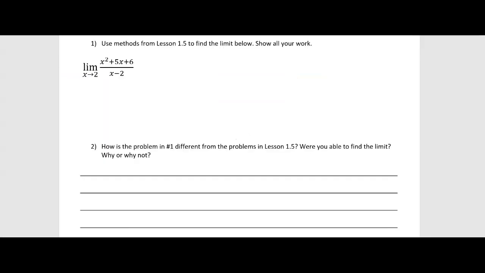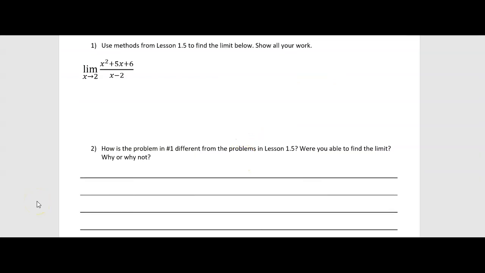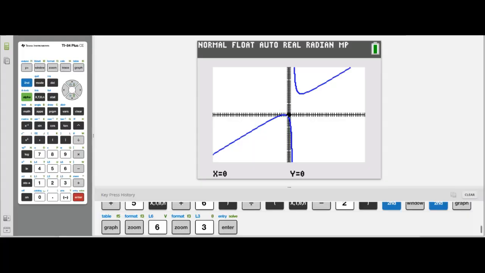Let's go back to our notes. So basically the takeaway of what we just saw in the calculator is that if we have a function that has a vertical asymptote, and we saw that there was a vertical asymptote at x equals 2, which is the x value for the limit that we were talking about, then the limit technically will not exist.